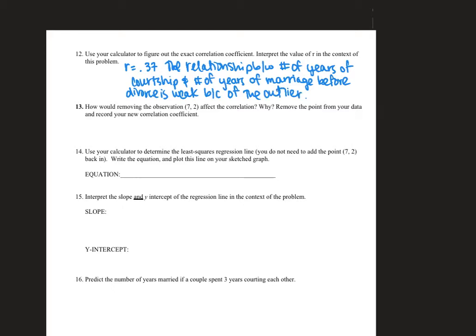And then you can briefly mention that the longer the years of courtship, the longer a couple stays together before divorce.